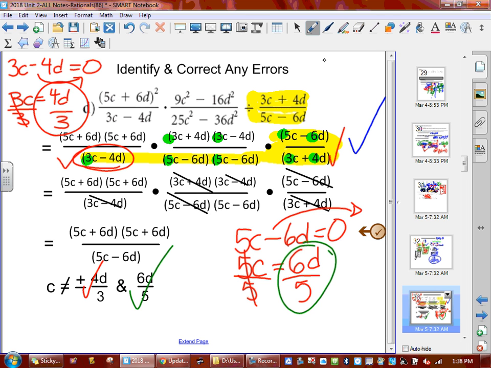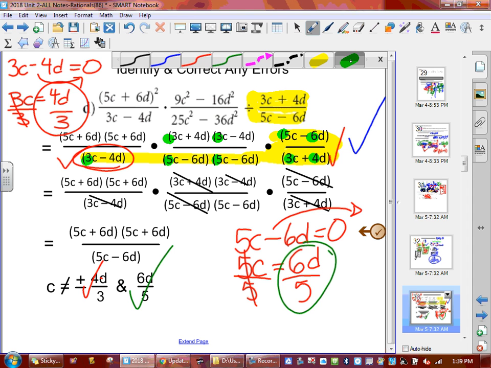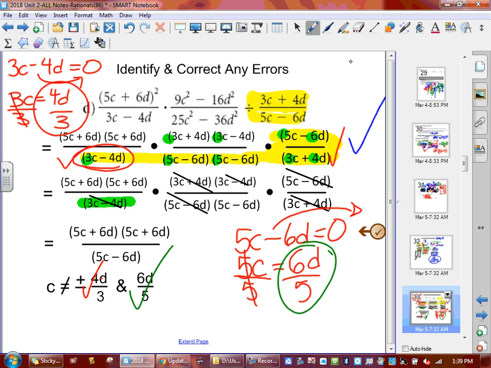All right, let's see if they crossed everything out. I'm going to highlight them in green. So I want to cross this guy out. I need a negative. Where's the negative? Right there. Okay, those guys are correct. Now, this negative 5CD, where's the other guy that's negative? Right there. You can cross them out. This guy, positive, you can cross him out. All right.